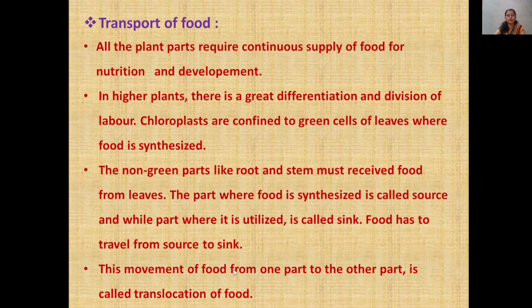This movement of food from one part to another part is called translocation. Translocation of food. Go to the next slide.